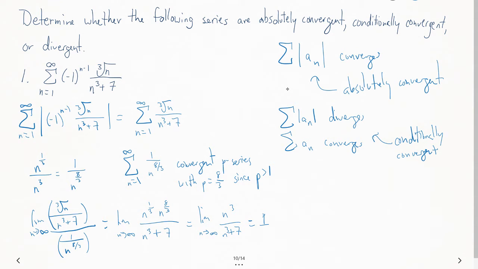But we're using a limit comparison test. So what that tells us is that this sum, notice we were working with the absolute value too. So since this would converge, well, let me write it this way. So first off, the summation n equals 1 to infinity of the cube root of n over n cubed plus 7 is convergent by the limit comparison test.